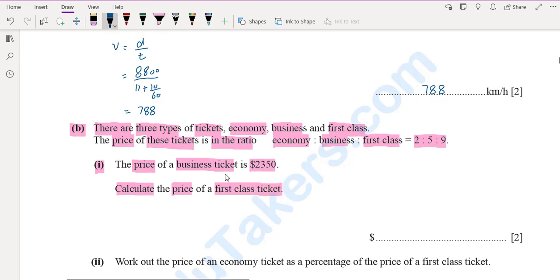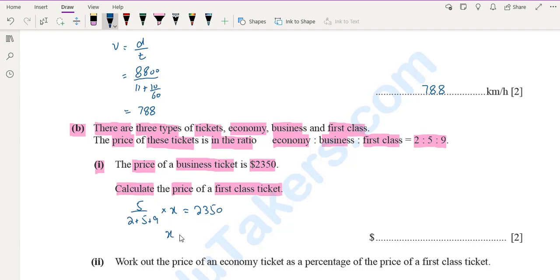To calculate the price of a first class ticket, first we will calculate the total price of these tickets, and the ratio for a business ticket is 5 over the sum of ratio, 2 plus 5 plus 9. Let's say the total price is X and the price of a business ticket is 2,350.